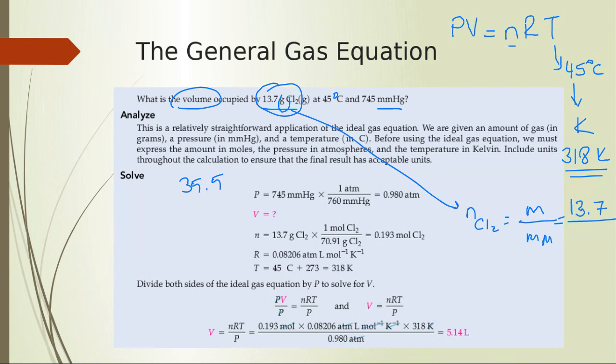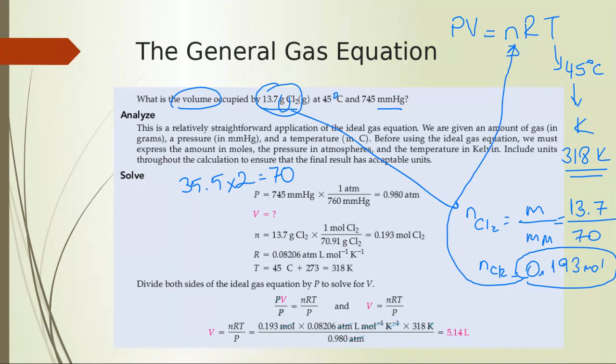This is molecular chlorine, so multiply with 2, and that means 70, right? The mole of chlorine will be 0.193 mole. Okay, you will write that mole here.